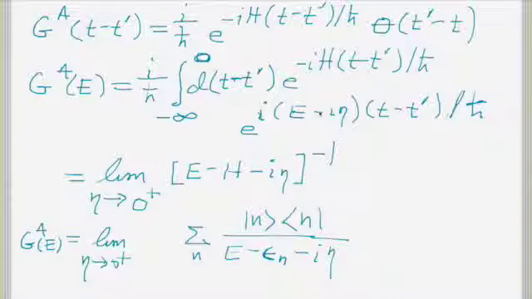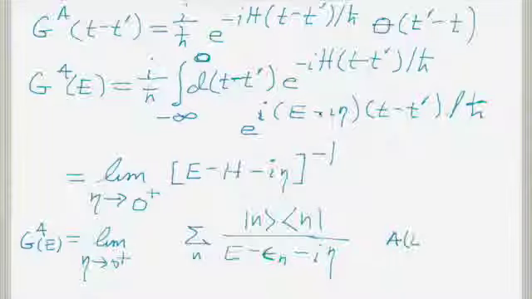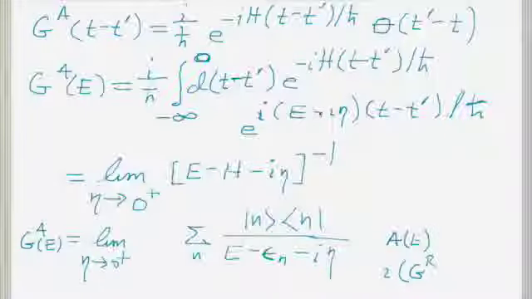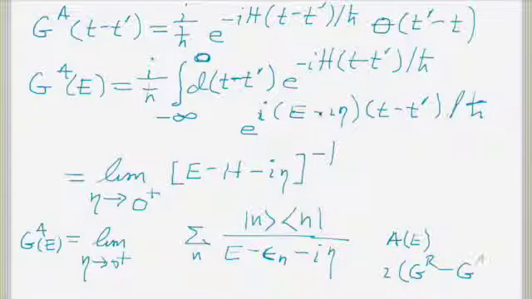All right, so the poles are complex conjugates of each other. And this is what we said, that when we added, we get the spectral function by adding, it's like we do i times G^R minus G^A.